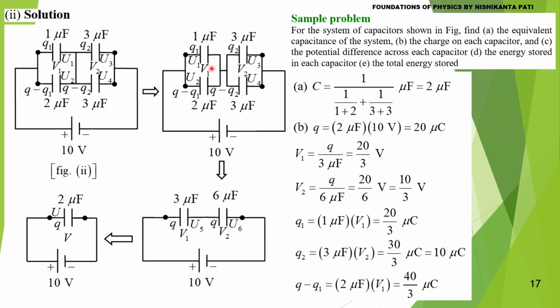So V1 finding, then we can find Q1 is CV1. Q2 is CV2. Q minus Q1 is CV1. Q minus Q2 is CV2.